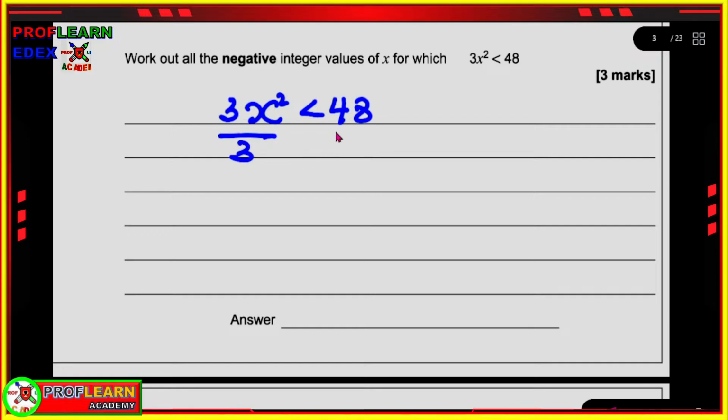If I divide by 3, I'm not going to affect the inequality sign, so I'll get x squared less than 16. Then if I bring 16 to the other side, I'll have x squared minus 16 less than 0.